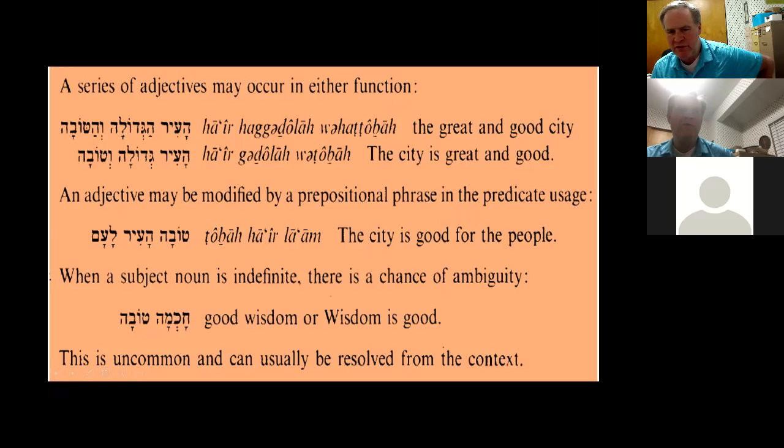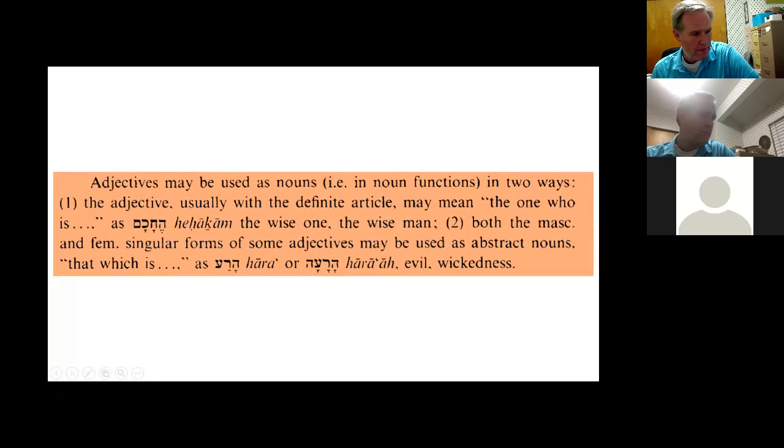So hakma tova could mean good wisdom, or it could mean wisdom is good. Because it didn't say the wisdom is good, we can't tell. If it's indefinite, we don't put the article. Hopefully from the context, you can tell what that would mean. All right, so we're good on those.